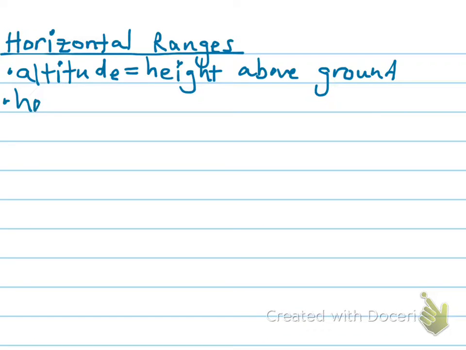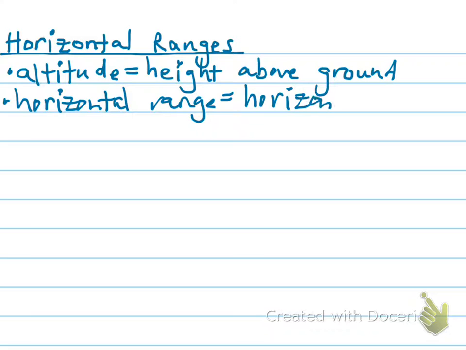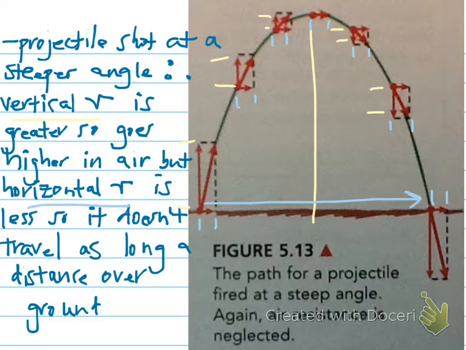Our horizontal range is our horizontal distance. So this is our altitude. This is our horizontal range.